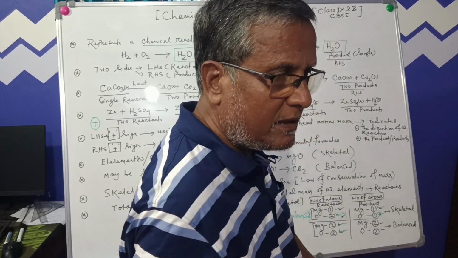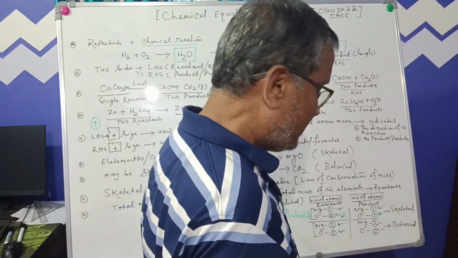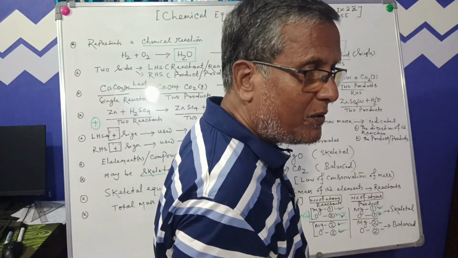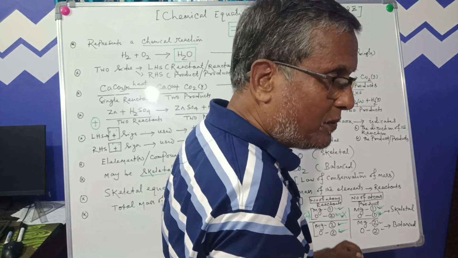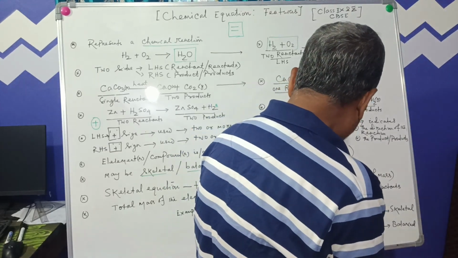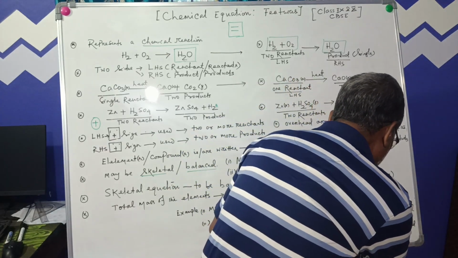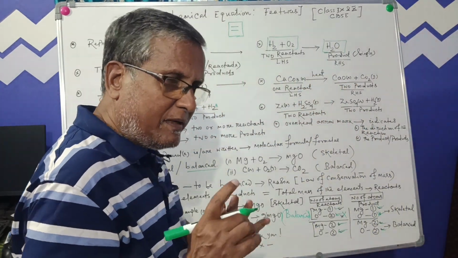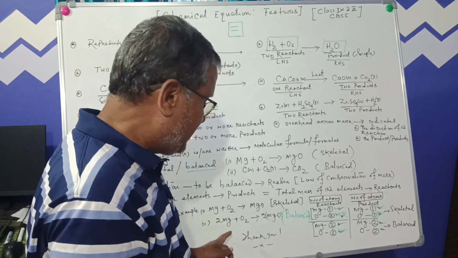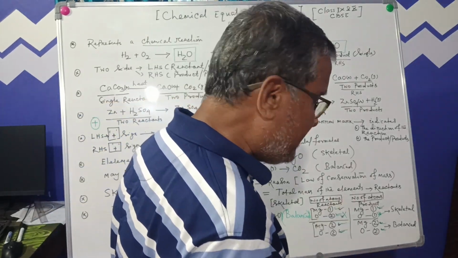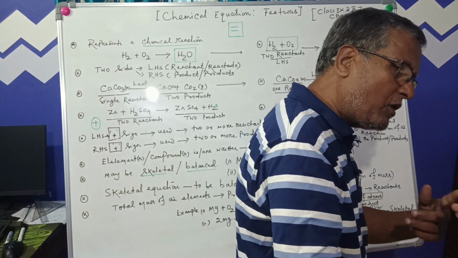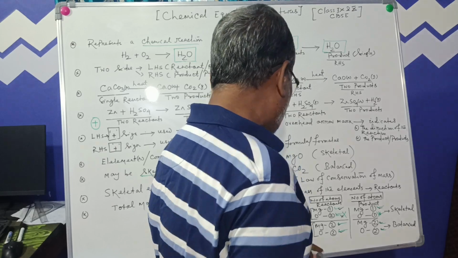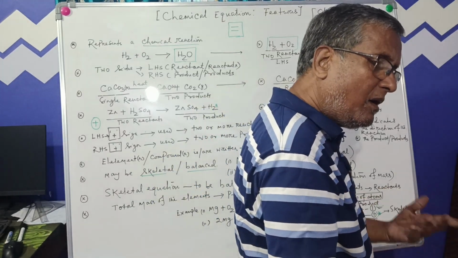So here there is often a confusion: 2 MgO means 2 is multiplied with Mg and O. If we compare, there are 2 magnesium atoms on the reactant side and 2 on the product side, and 2 atoms of oxygen on the reactants and 2 atoms of oxygen on the product side.